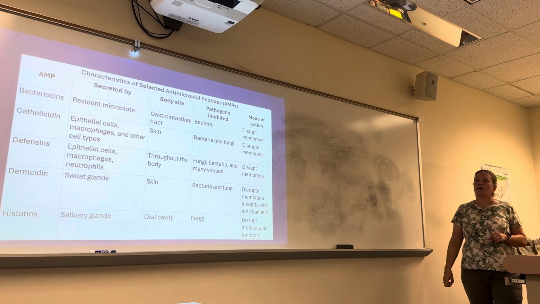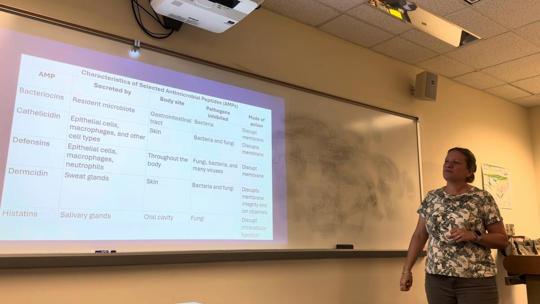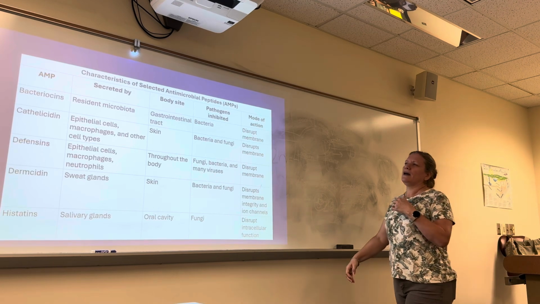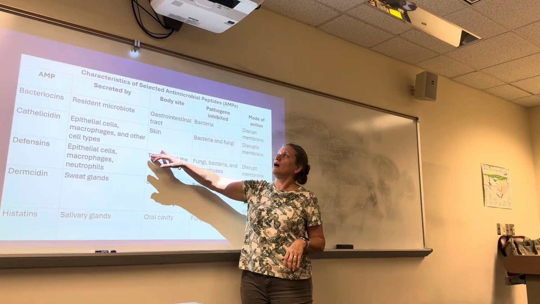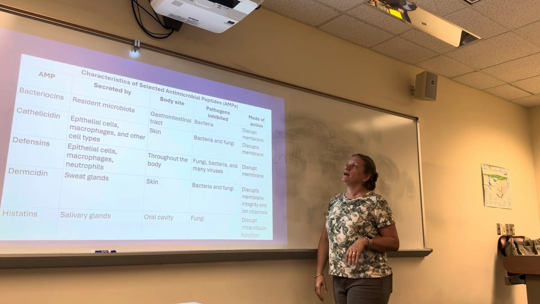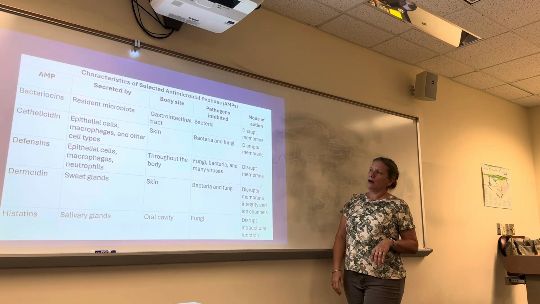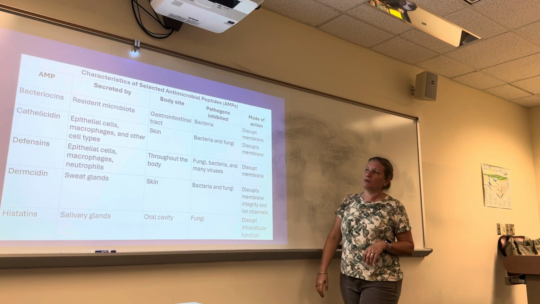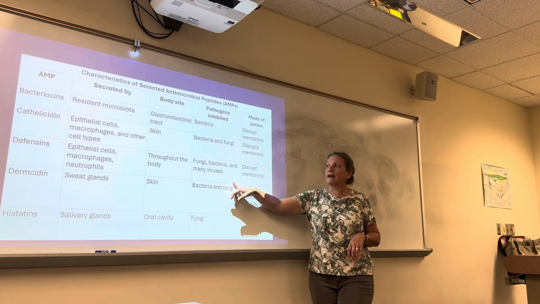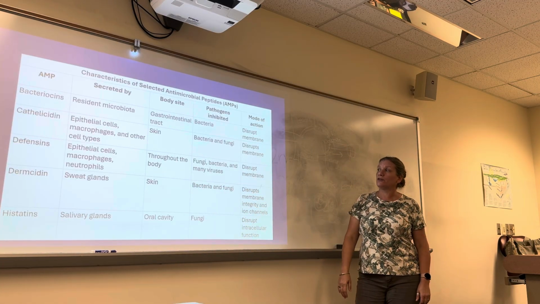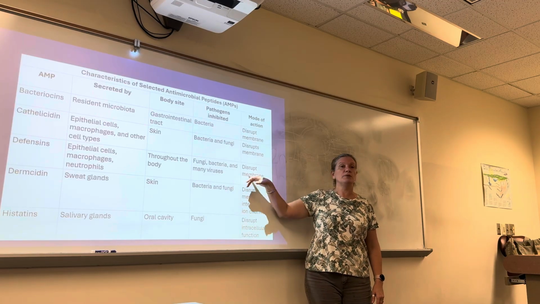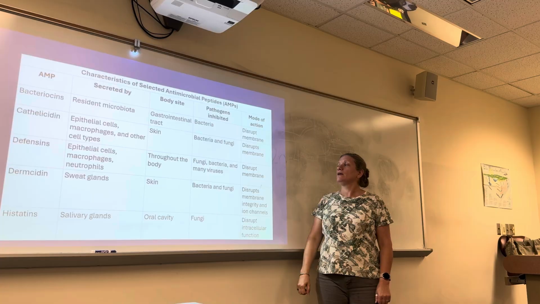Okay, we have cathelicidins, which are produced by some of our cells from the skin, right, and that inhibits bacteria and fungi through disruption of membranes. And we have defensins, again, produced by our cells throughout the body, affecting bacteria, fungi, and even some of your viruses, again, disrupting membranes. So if you're talking about viruses, that disruption would be the envelope, right?